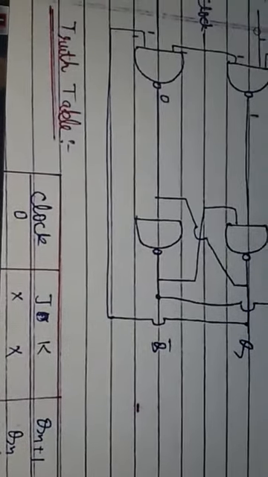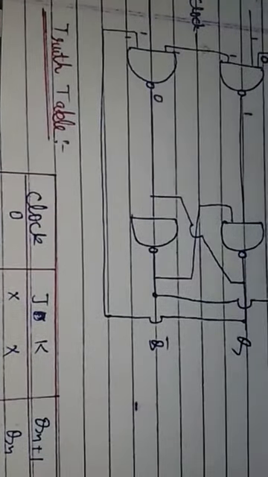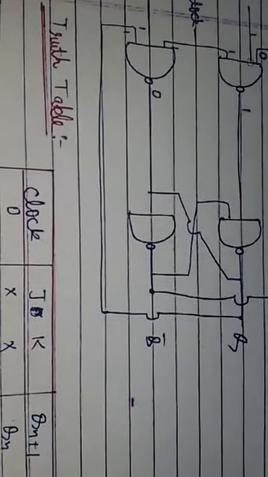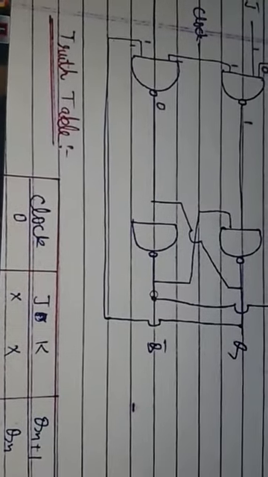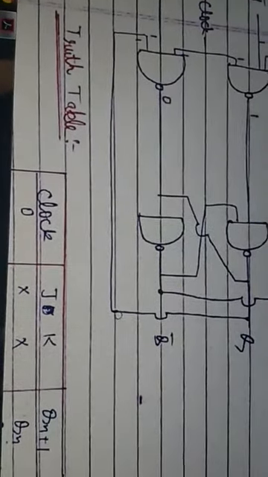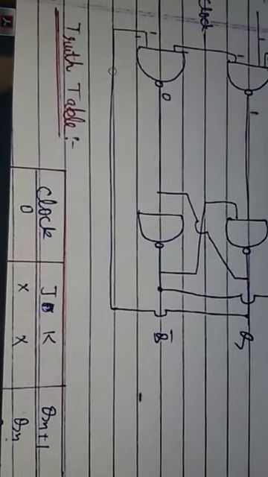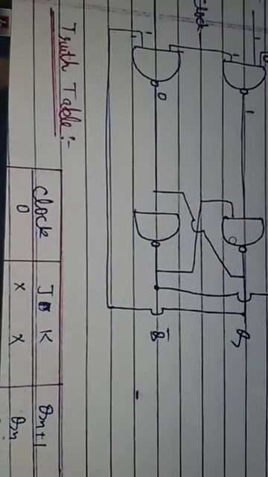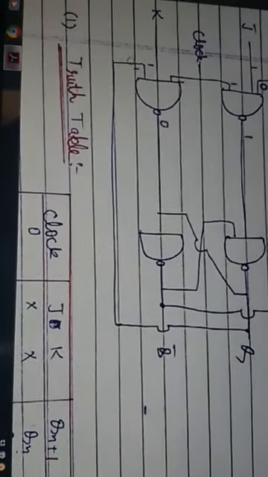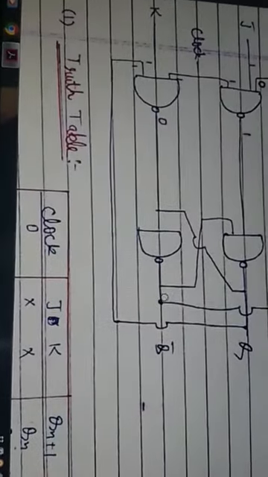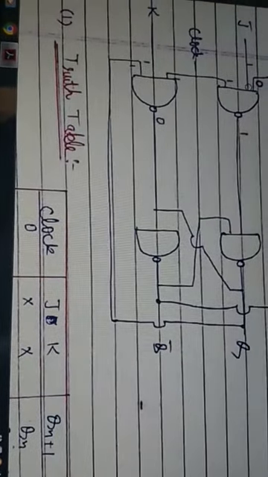If J is 0 and K is 0, the clock is always 1, and the inputs are Q bar and Q. The output Q is fed as an input here, and Q bar as an input here.